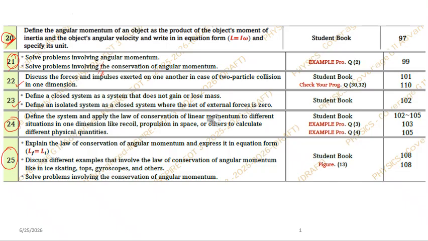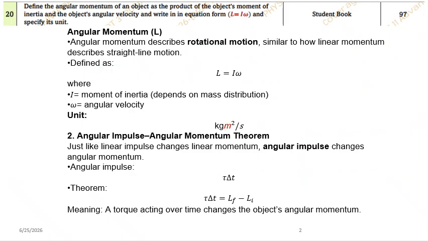So let us discuss the topic or concept in detail, and then we'll have a discussion about the question. First and foremost, we will be discussing angular momentum. We must remember by now the linear momentum. What was linear momentum? P is equal to mv. But this is normally in linear motion.